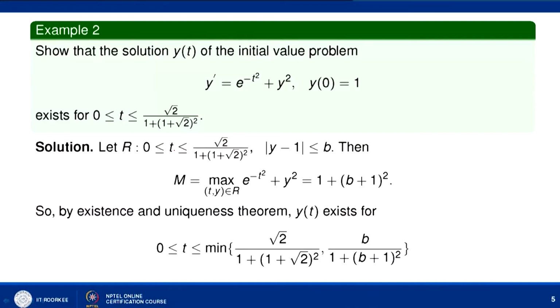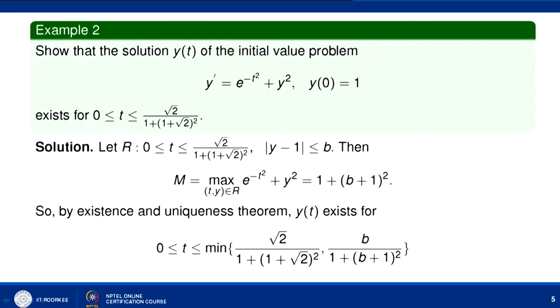Here the rectangle is defined in the sense that t is lying between 0 to this quantity, root 2 upon (1 plus root 2) whole square, and y is defined by |y minus y naught| less than or equal to b, where y naught is 1 here. So, this is the rectangle R we have defined, and now we utilize the existence and uniqueness theorem we have proved.